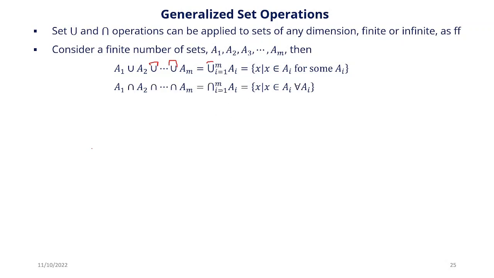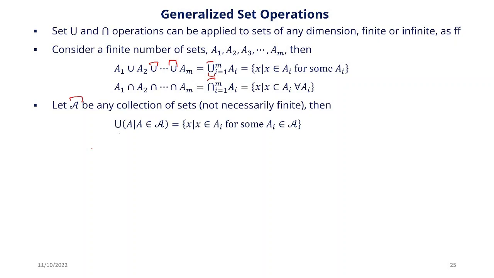In the same way we describe the intersection. So get familiar with these symbols whenever you see them in a book. Then let script A be any collection of sets, not necessarily finite.